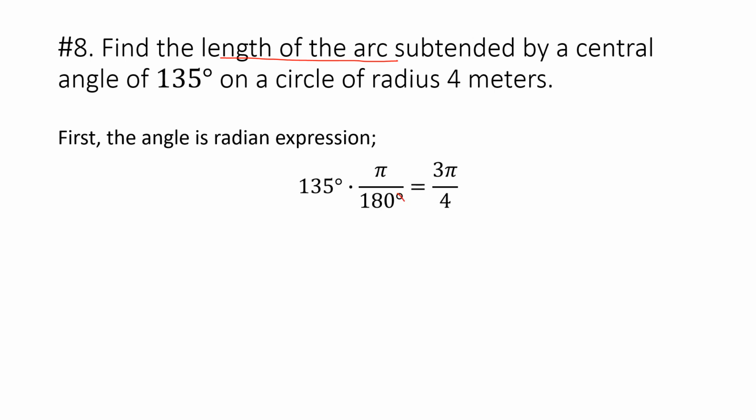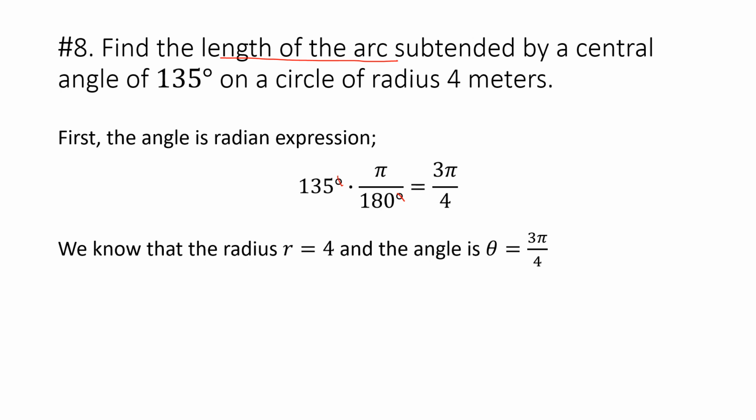The degree cancels out. 135 over 180 becomes 3 over 4. So 3 pi over 4. This is our angle. From here, we know the radius is 4 meter, angle is 3 pi over 4. The arc length formula is r theta. So 4 times 3 pi over 4. The 4 cancels out, 3 pi. This is going to be the length of arc.